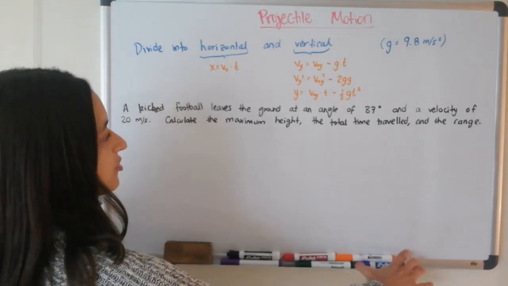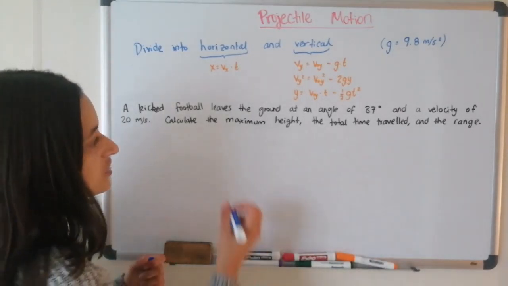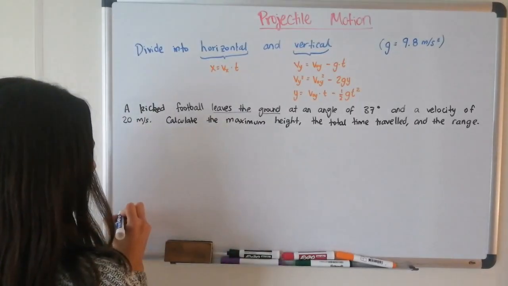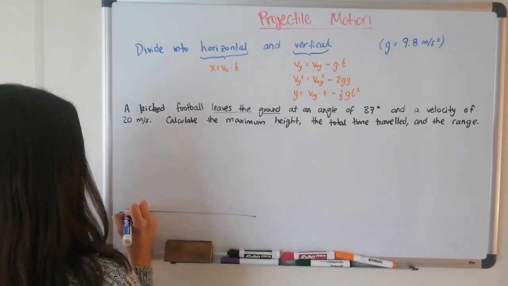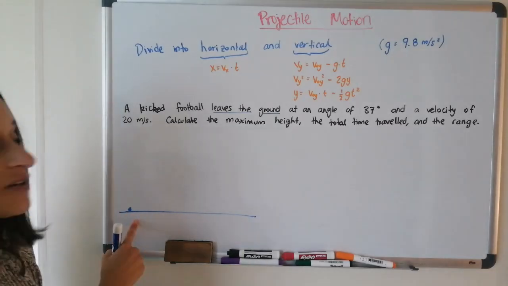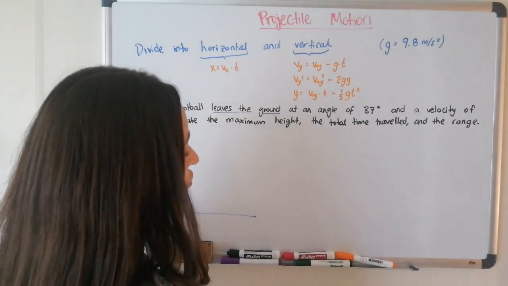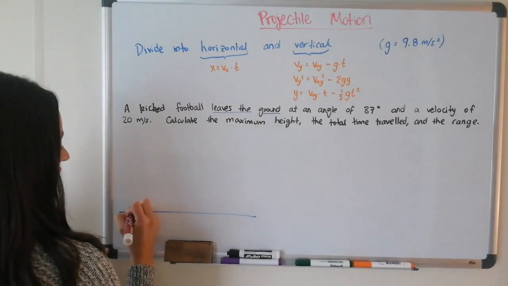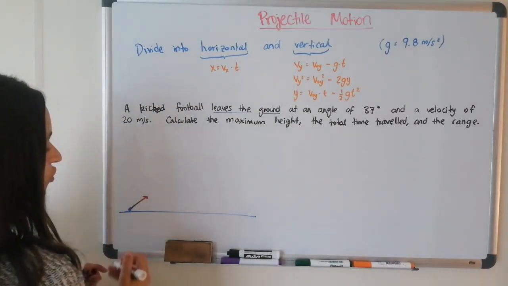So this example tells us a couple of things. First, it leaves the ground, so it'll start at 0. That means if we draw our ground and our football, it's going to start down here. Now, at an angle of 37 degrees, that means that the initial velocity is not horizontal or vertical.